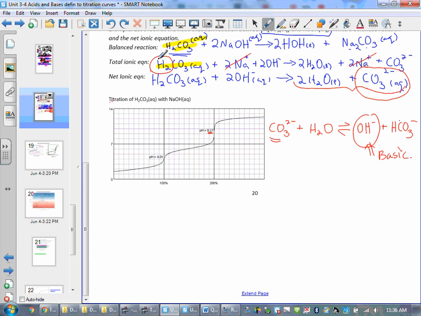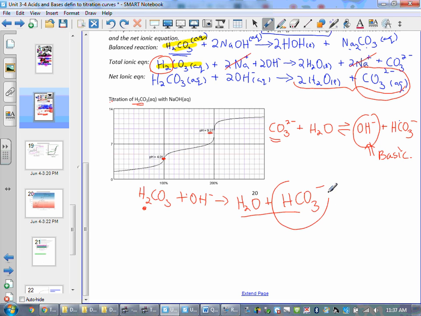So that's why when we do a titration of a polyprotic acid, we're going to get this equivalence point when we have taken 1, we'll just say plus OH minus. We've neutralized 1 proton, just 1 of carbonic acid's protons.